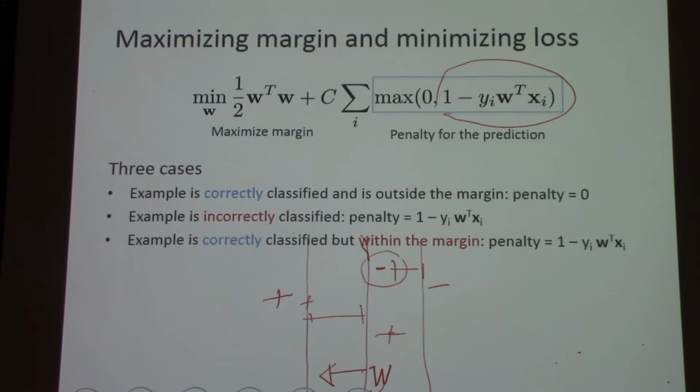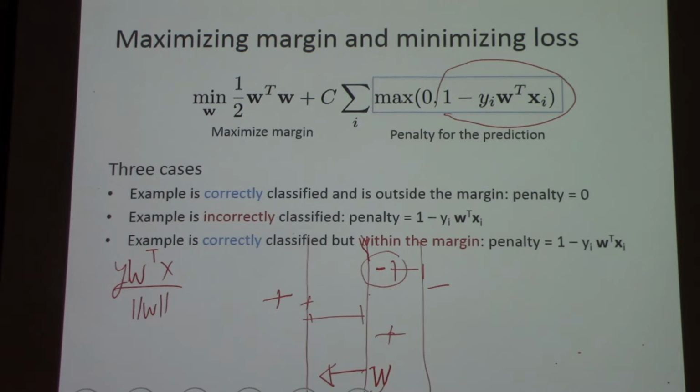Question? I'm having a little bit of confusion understanding how that first expression is maximizing the margin. Aha. In fact, that's roughly what we saw in the previous lecture. So remember that the margin is this quantity, right?